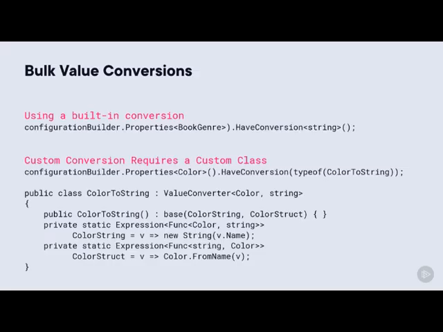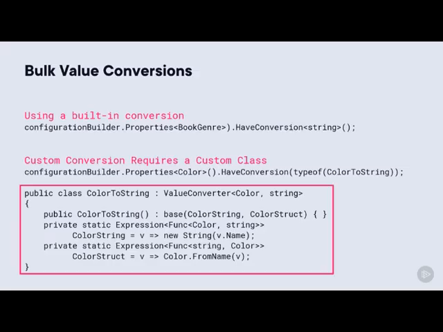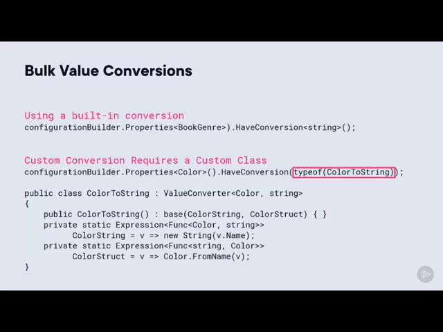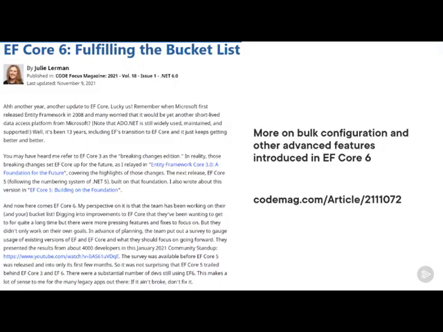The reason for that has to do with an advanced feature for pre-building the model that I'm not covering in this course. So if you want a custom conversion that applies to many properties, you'll have to create an explicit value converter class and pass that into the HaveConversion property. You can see more about how to do this not only in the EF Core docs, but in my Code Magazine article called EF Core 6 Fulfilling the Bucket List, which I'll link to at the end of this module.